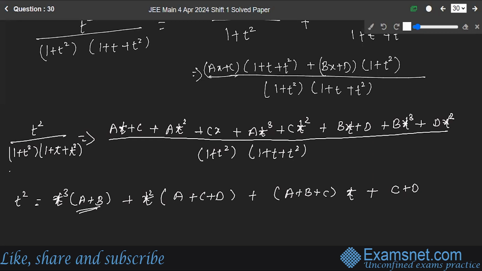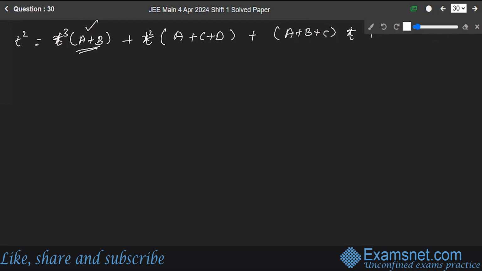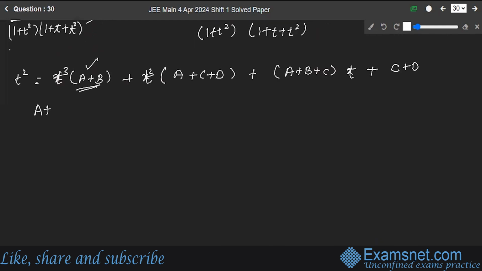That's it. Okay. So now the coefficient of t cube is missing. That means you have a plus b is equal to 0. Also, a plus c plus t is equal to 1 because the coefficient of t square on the left hand side is equal to 1. Also, a plus b plus c is equal to 0 because the coefficient of t is missing.